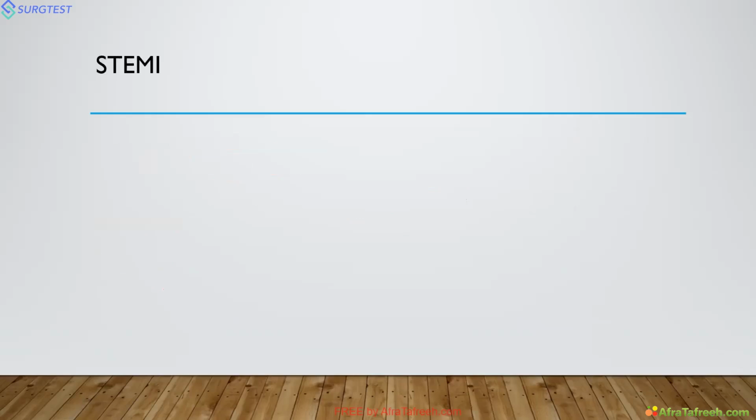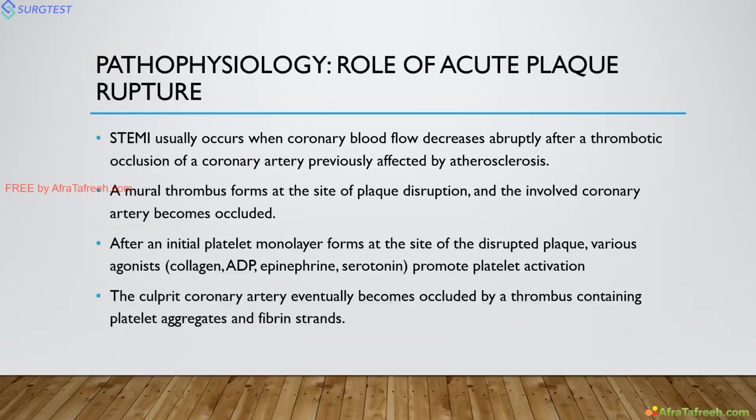Then, coming to the most important part, which is STEMI. You have to know every point, and the recent guidelines have also changed. The pathophysiology: we discussed earlier plaque fissure with or without inflammation, and plaque erosion. But in STEMI it is a plaque rupture.